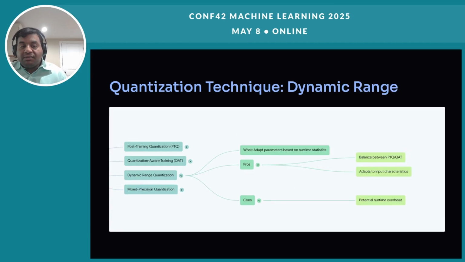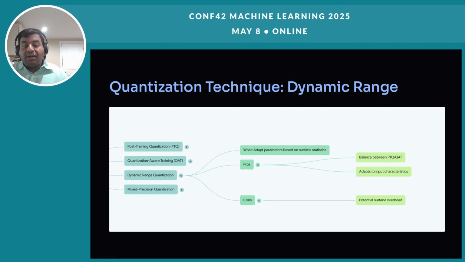Dynamic range quantization. Adapting the quantization parameters, like the scaling factor, based on the range of activation values observed at runtime rather than using fixed parameters determined offline. What are the pros? It offers a good balance between the simplicity of PTQ and the accuracy of QAT.